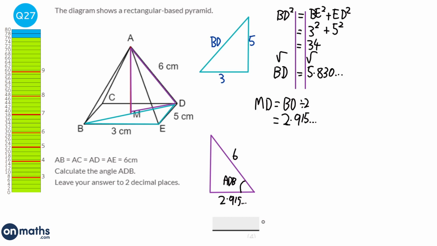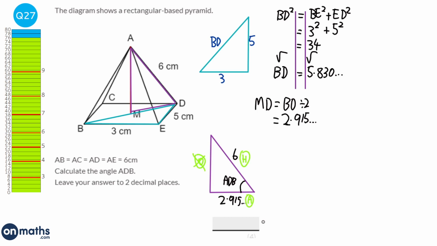Okay, so we're going to use trigonometry for this because we've got 2 lengths and an angle in a right angle triangle. So labelling the sections, we've got the hypotenuse here, we've got the adjacent here, and we're not using the opposite at all.